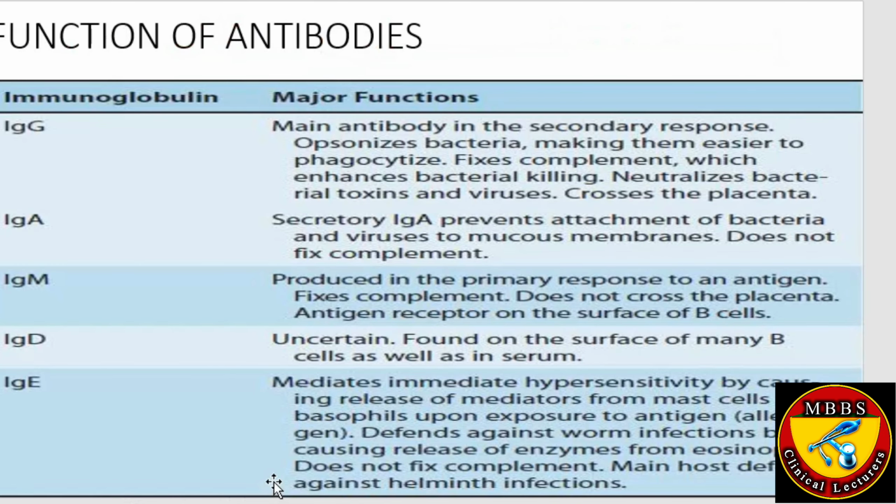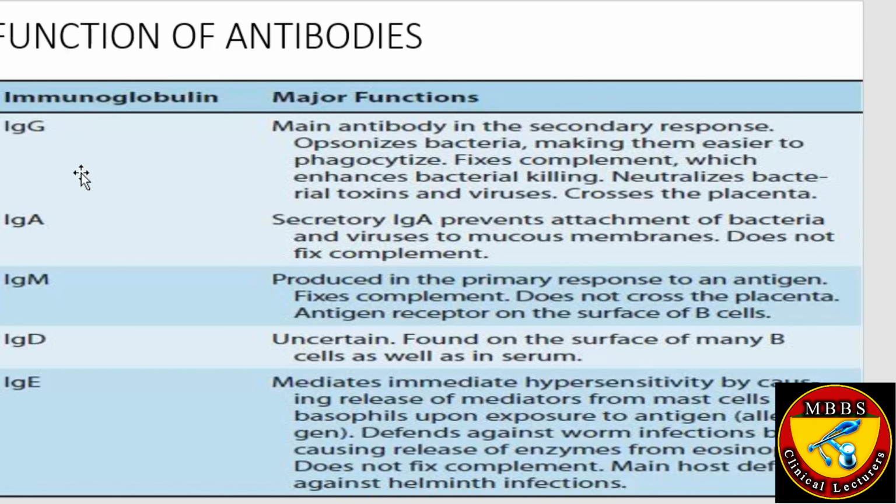Now, IgG is the main antibody in the secondary response. It opsonizes bacteria, making them easier to phagocytose, and fixes the complement, which enhances bacterial killing, and neutralizes bacterial toxins and viruses. It can cross the placenta.